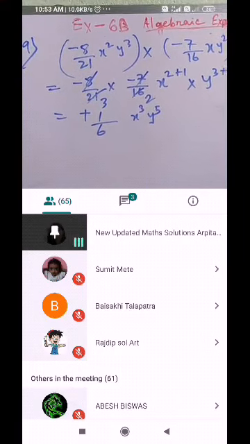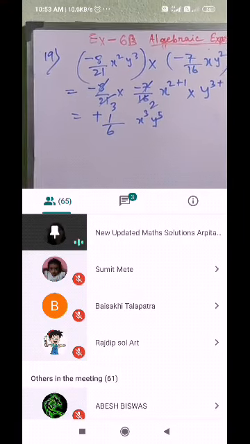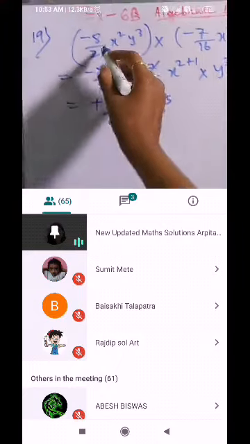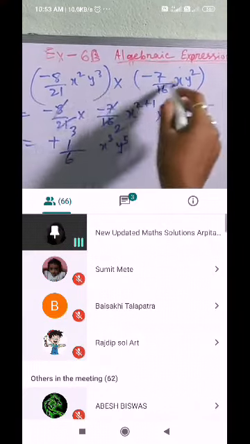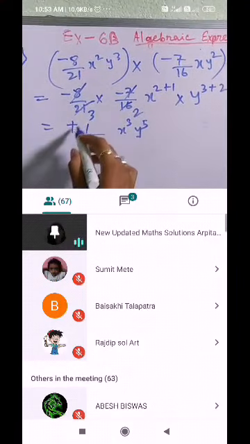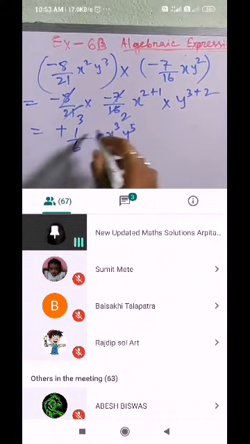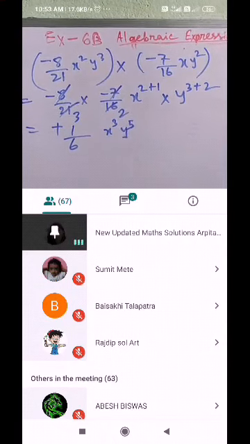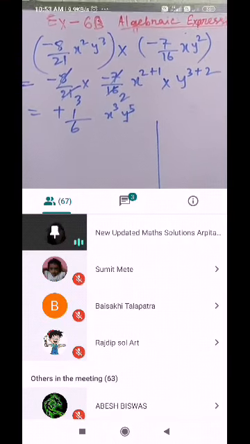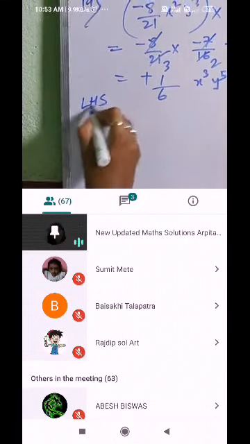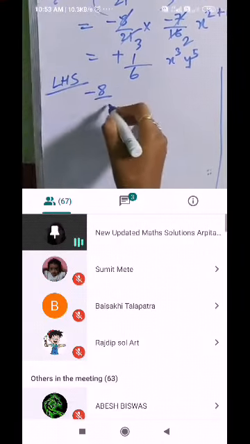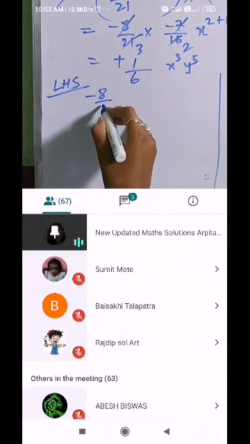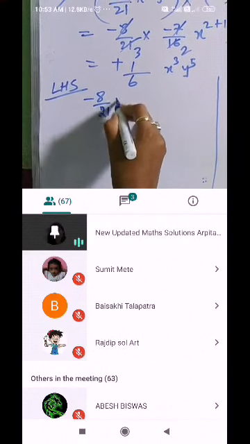Now we have to verify our answer. How to verify? This is the LHS part, carefully listen. This is the LHS part, and this is the RHS part. What you get as the product is the RHS part. Separately you have to put the values there. So first LHS. We will not write x and y here, directly we will put the values of x and y. 21 into x square.